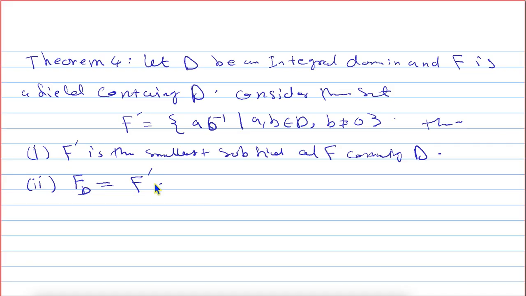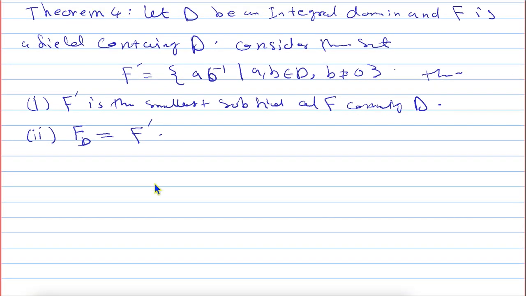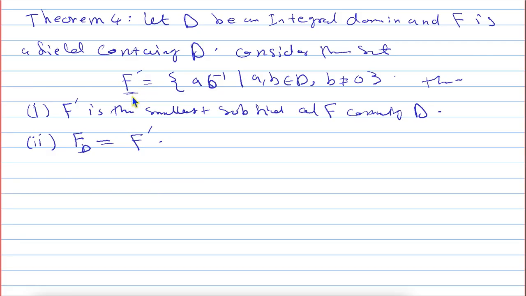Now let's go into the proof. First we need to show that F prime defined this way is in fact a subfield of F. First, to show that F prime is a subfield of F, we need to show that F prime contains at least two elements.